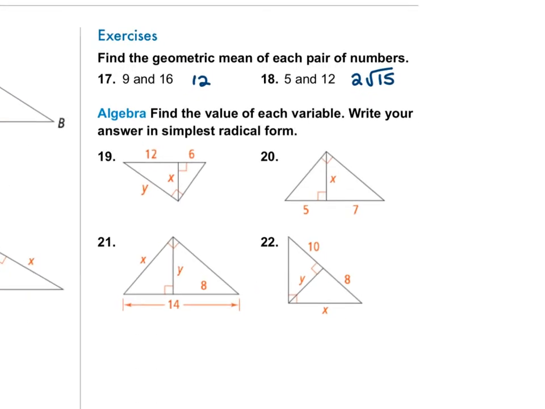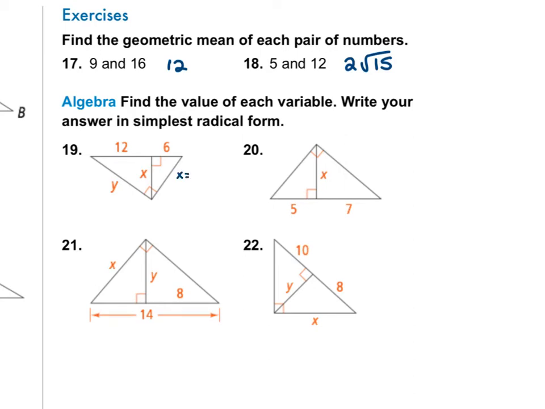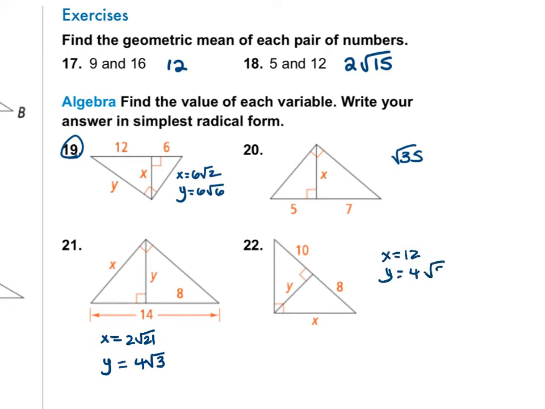Number 19, x, is 6 root 2, and y is 6 root 6. Yes. I'll go back to it, okay? 20 is the square root of 35. 21, x equals 2 root 21. Y equals 4 root 3. And 22, x is 12. And y is 4 root 5.